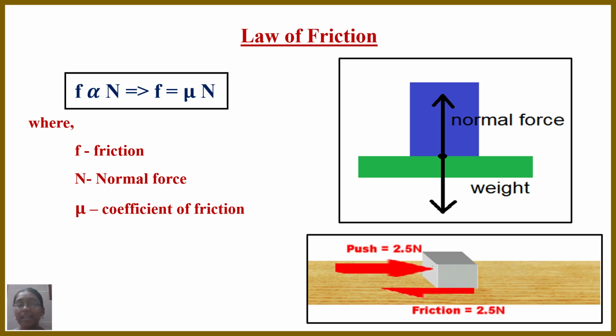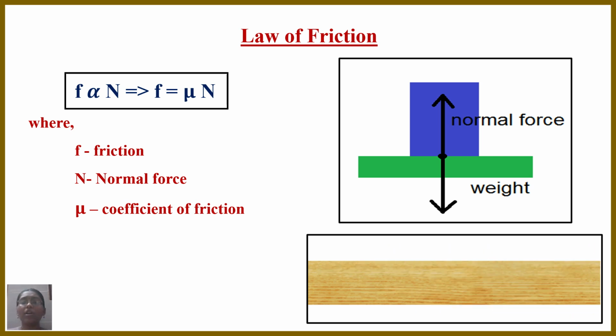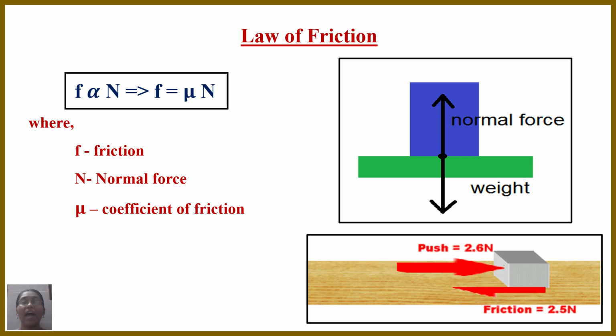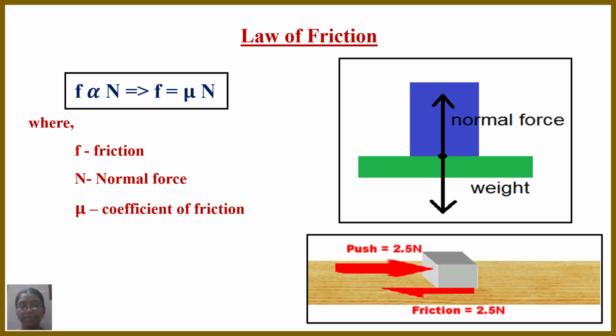So from this you can clearly understand that if you increase the normal force, the weight on the ground increases, so you have to apply more external force. As a result, the friction increases, and that's how they both are directly proportional. To remove this proportionality, I have used mu here as the constant.